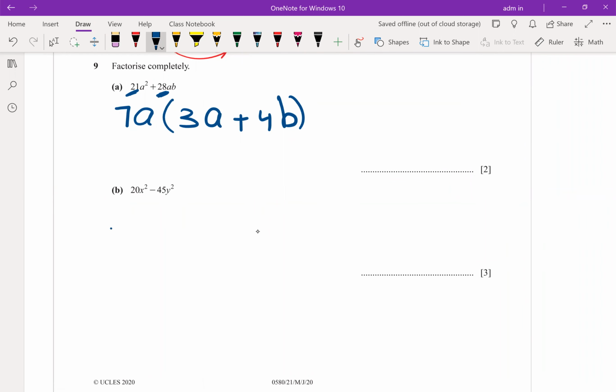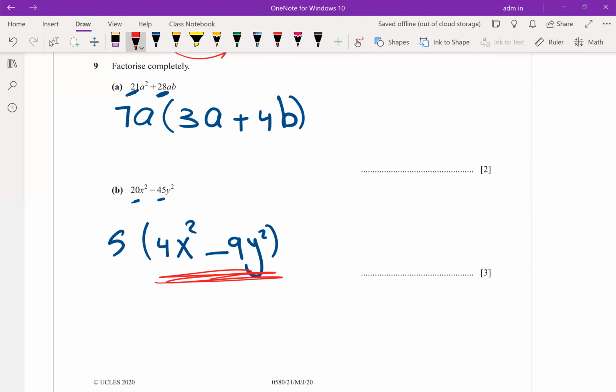Part b, which is the common factor? 5, correct? 5. What else? Common factor? Only 5. 20x squared divided by 5 will be 4x squared. 45y squared divided by 5, 9y squared. What is the name of this expression? Difference between two squares.